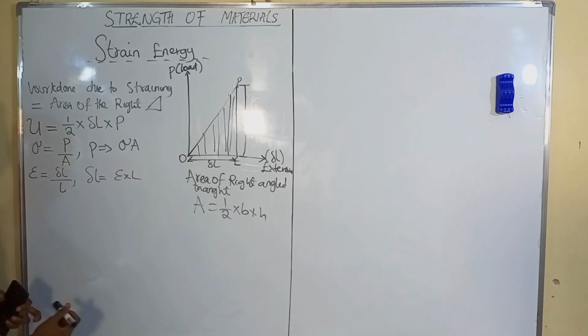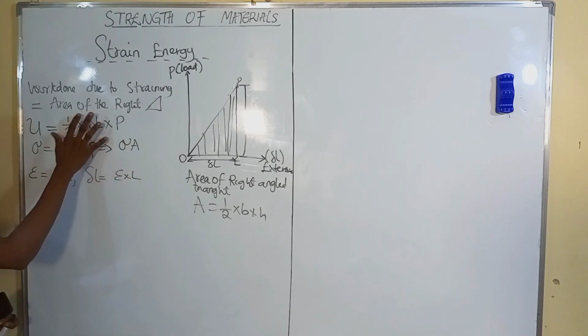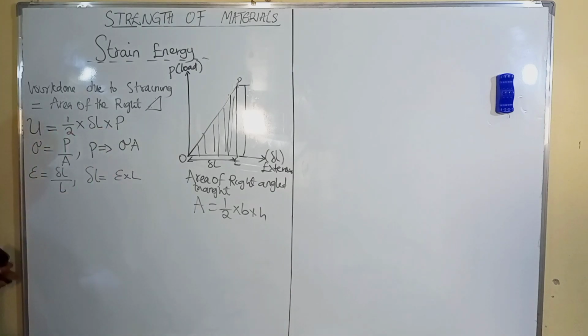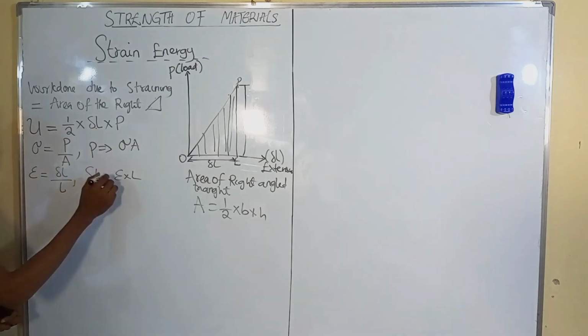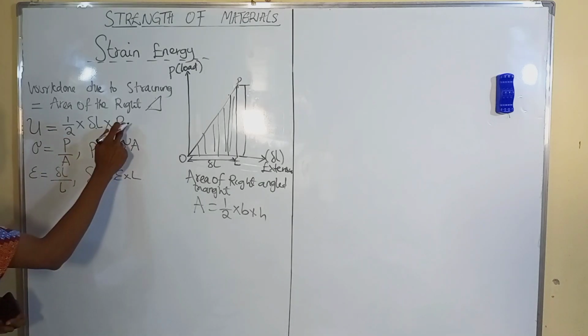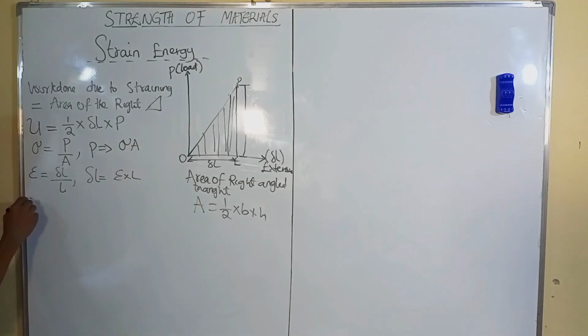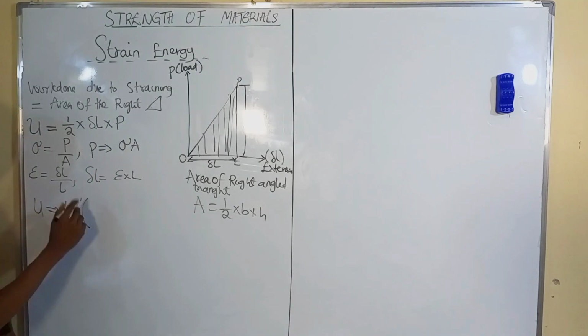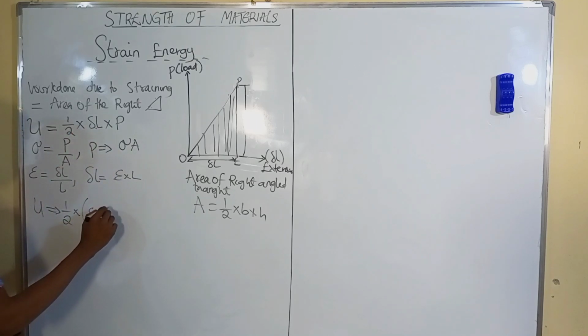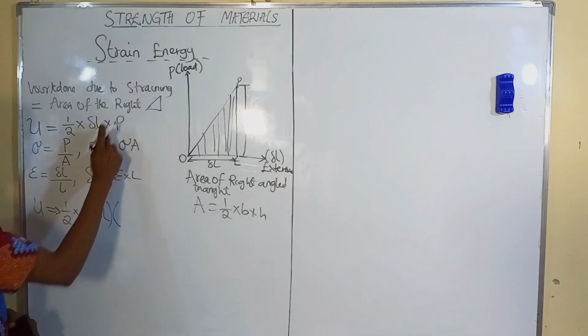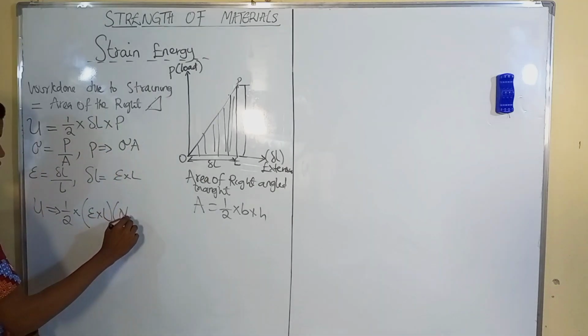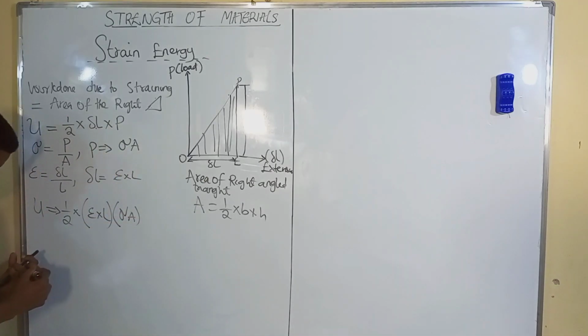Very good. Let's substitute these values into this. Anywhere you see the extension, you substitute strain multiplied by the length. Anywhere you see your load, you substitute stress multiplied by the area. So our strain energy is equal to half multiplied by the strain, the length, the stress and the area.